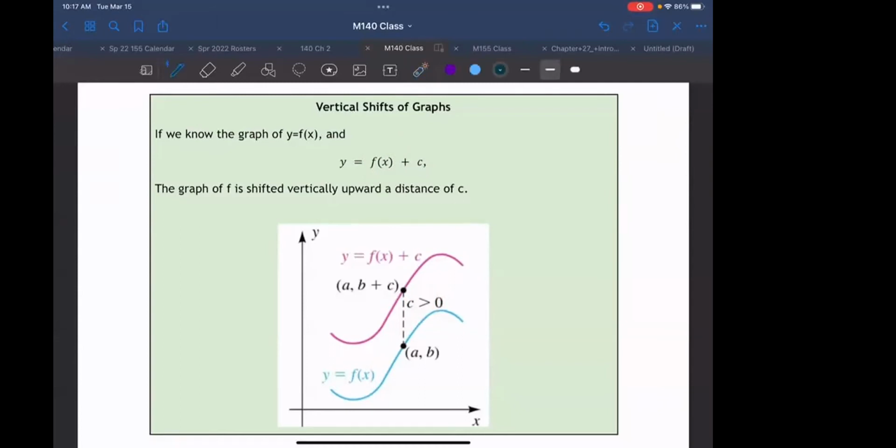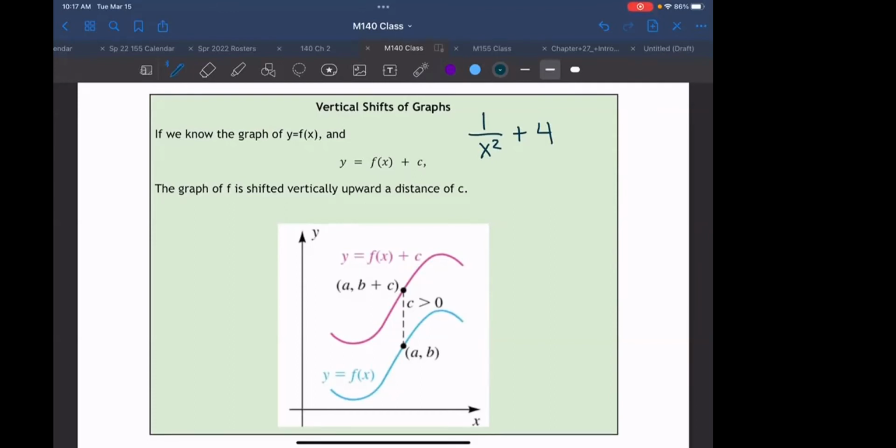Now I don't like making things like f of x and c. I don't really like that. So I'm going to give you a couple examples here. For example, if we had 1 over x squared, we know what that graph looks like, and we added on 4. Notice how the 4 is away from the function. It's not added to the x, it's added to the entire function.